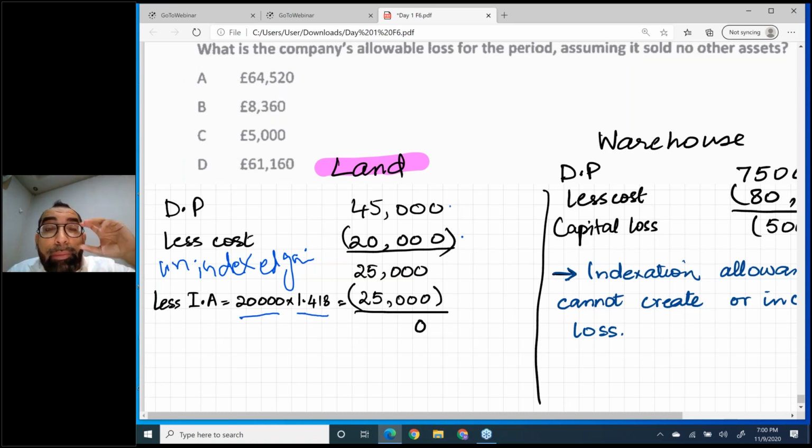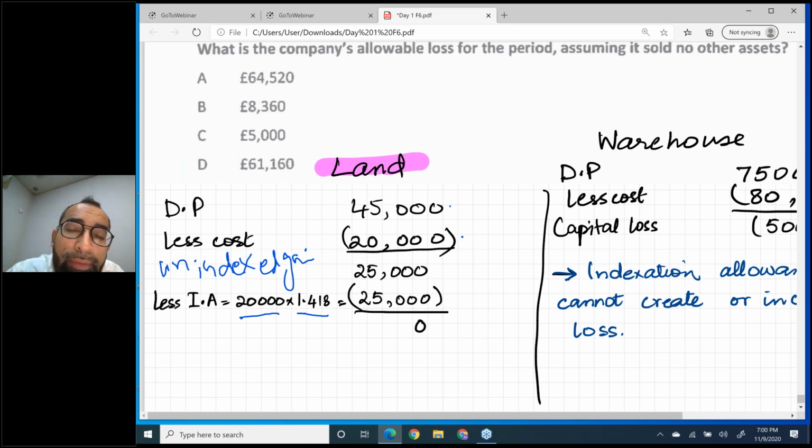Can you please calculate 20,000 into 1.48? This will come around 28,000 something.